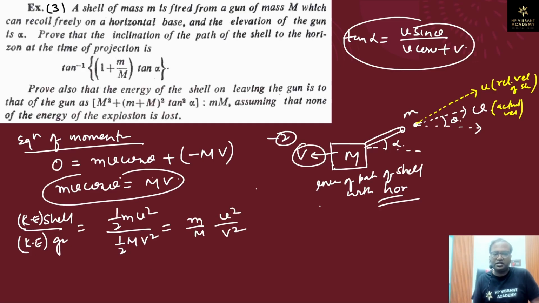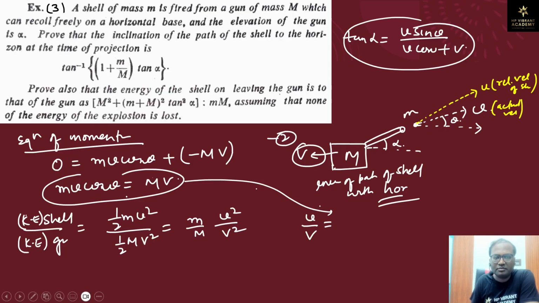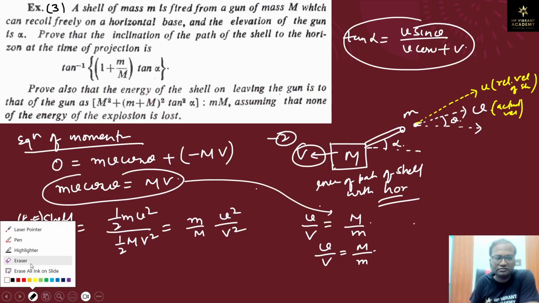So from here we have small v upon capital V is equal to capital M upon small m into sec theta.